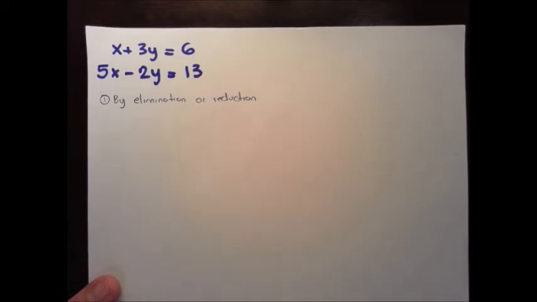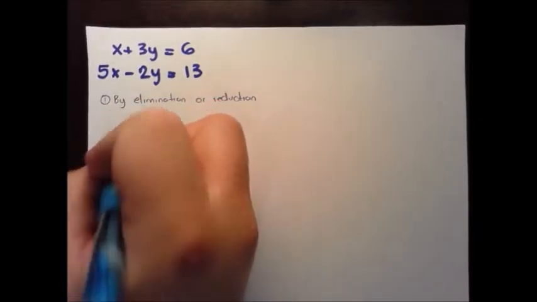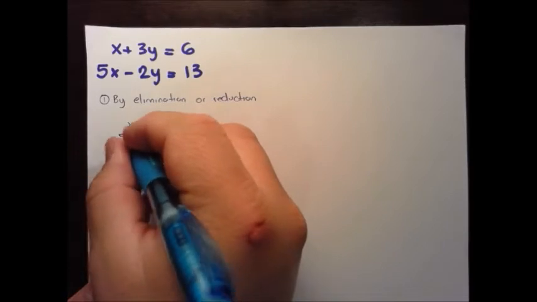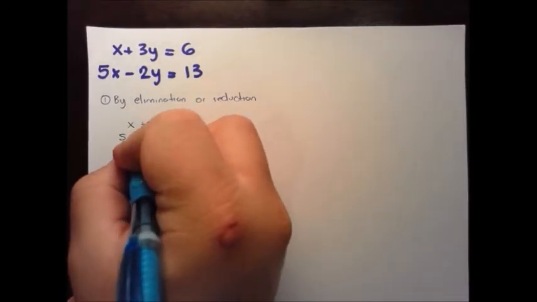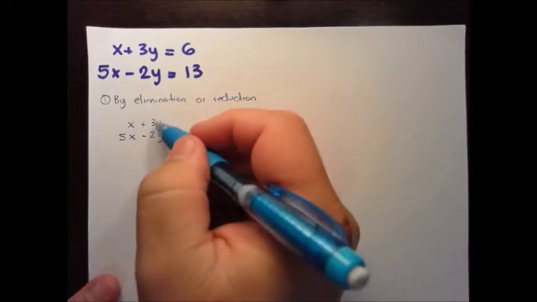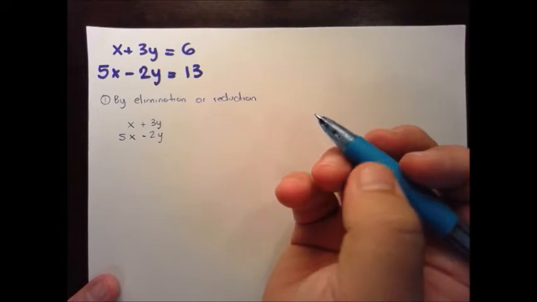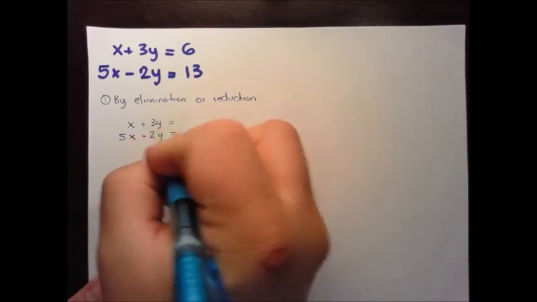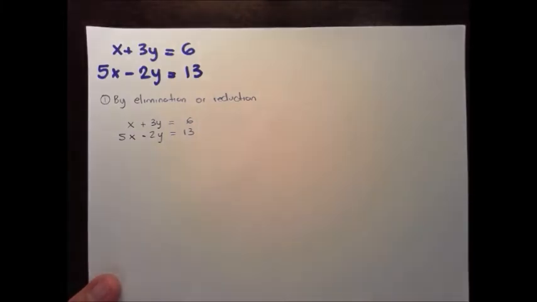First of all, you need to check. For example, in the case of the x's, if you add 5x plus x, you are going to have 6x, so it's impossible. In the case of y, if you subtract 3 minus 2, it's going to be just 1, so it's impossible too. And finally, directly 13 and 6 is going to be 19, so it's not possible to eliminate directly.